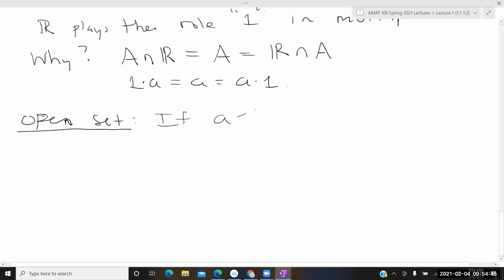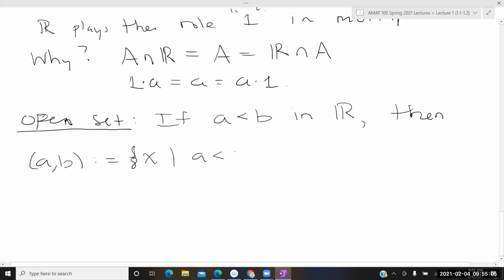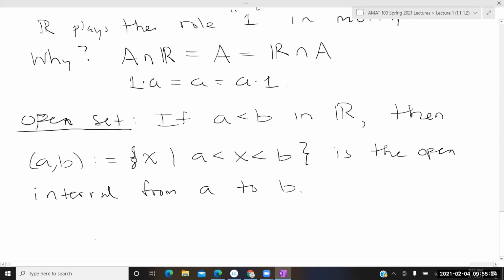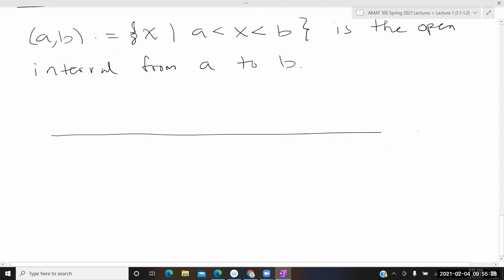If you take two numbers, A and B, these are in R, so A is less than B, they're real numbers, then the parenthesis A comma B parenthesis is defined to be the set of all x such that x is greater than A but less than B. This is the open interval from A to B. And if you want to graph that, it has a pretty easy picture, a pretty easy way of visualizing it.